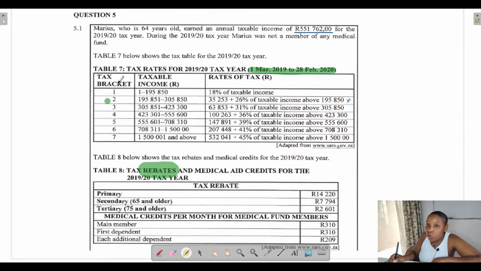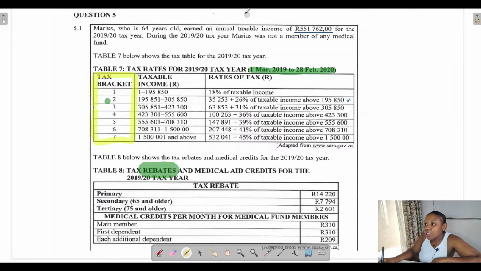Guys, please note, it says which tax bracket. So you need to say whether it falls in the first, second, third, fourth, fifth, sixth or seventh tax bracket. They didn't ask how much the taxable income is; they said which tax bracket.